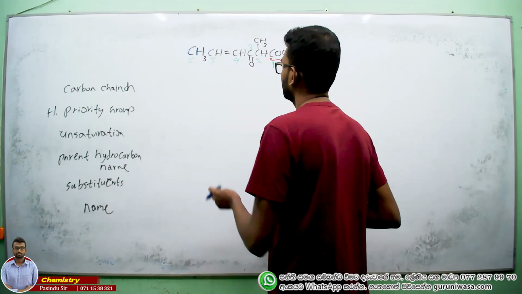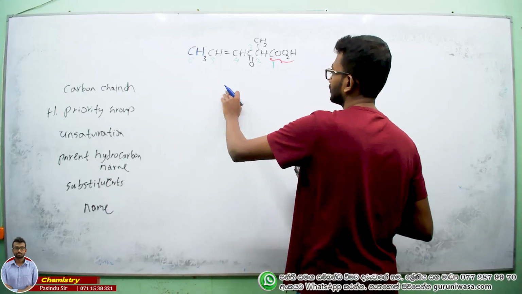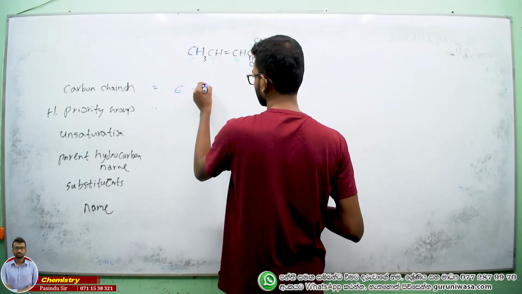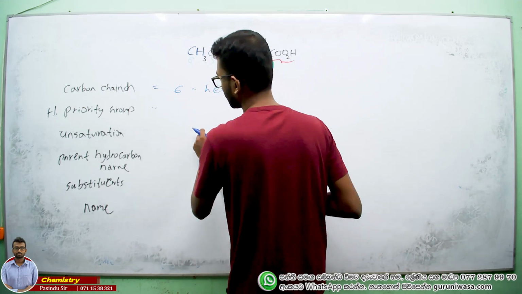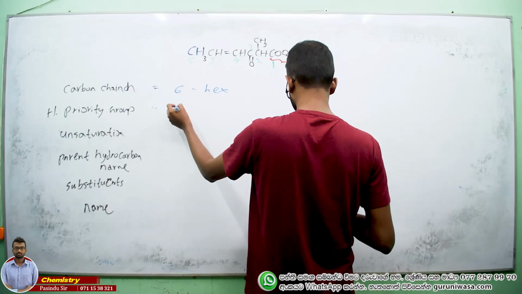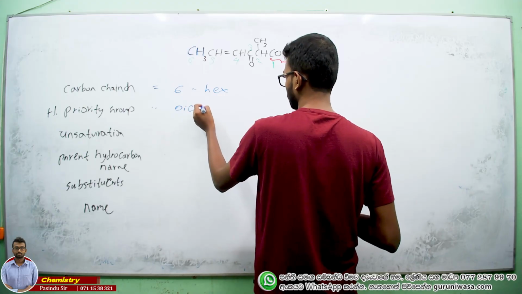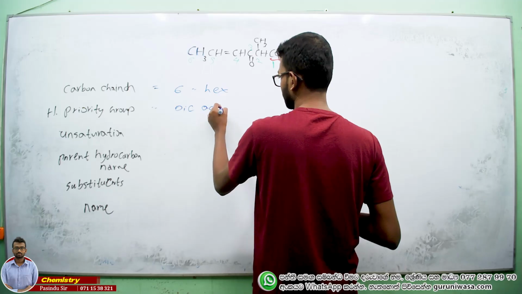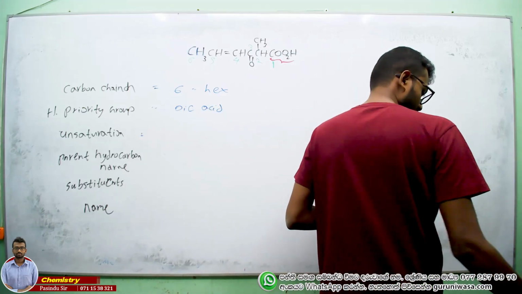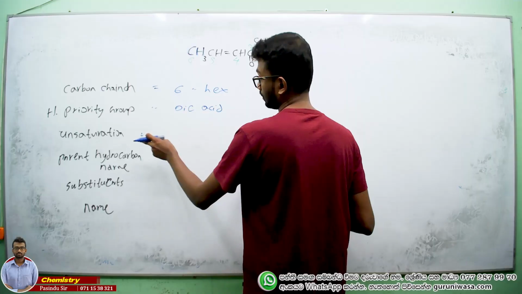First, how many carbons, so you have to count and find the number. There are 6 carbons in the chain, therefore hex. And then the priority group is carboxylic acid, so you name it as oic acid. Next one, unsaturation.